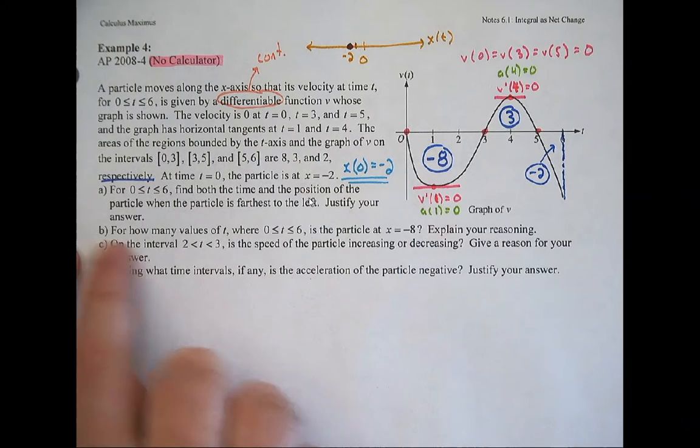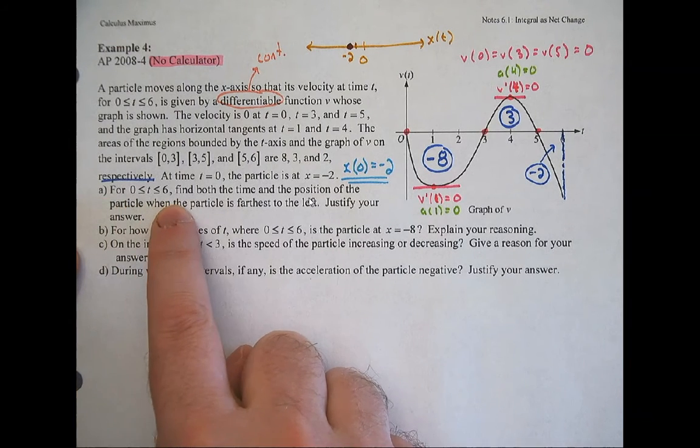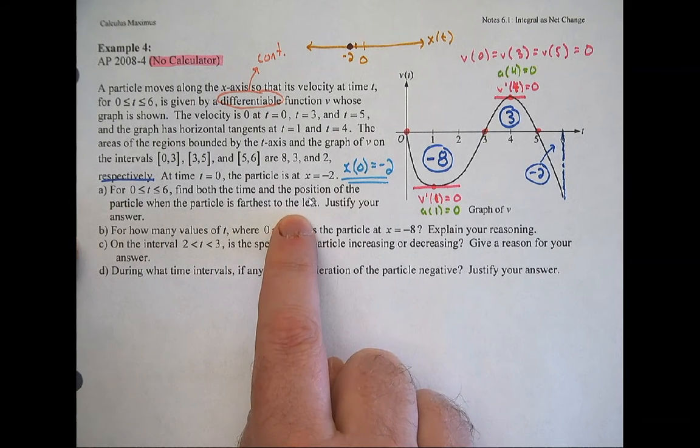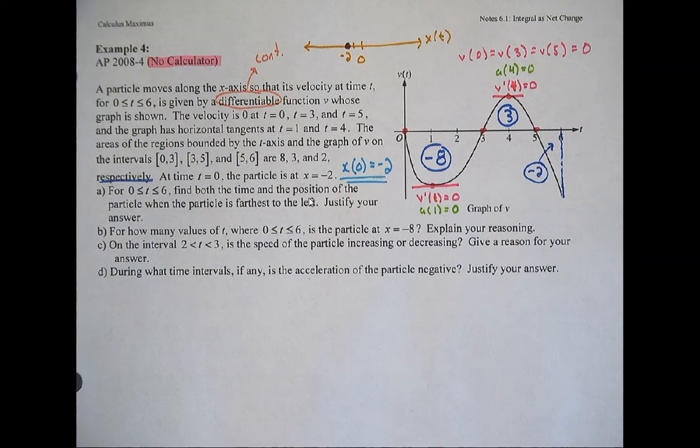All right? Okay, so now for part 4, find both the time and position of the particle when the particle is furthest to the left. Now if we're talking about the furthest of something, the furthest left, the highest, the lowest, these are all examples of which one of our VT theorems. Okay, the intermediate value theorem finds the number that guarantees a number in between two other numbers.